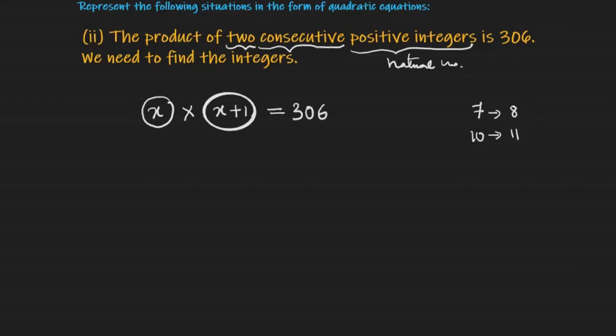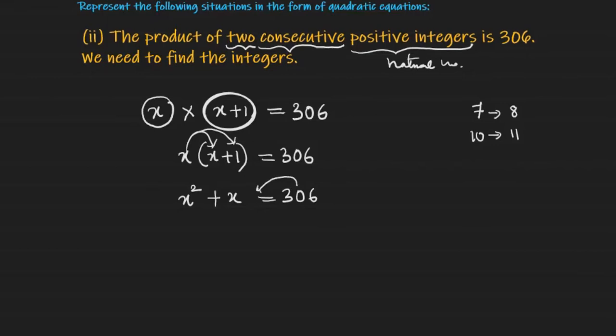According to the question, x into x plus 1 gives you 306. Let's open the bracket. x into x is x square, x into 1 is x, which is equal to 306. If I shift this 306 to the left hand side, I get x square plus x minus 306 equals 0.